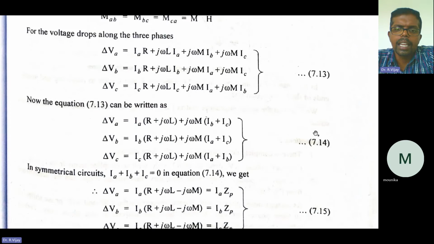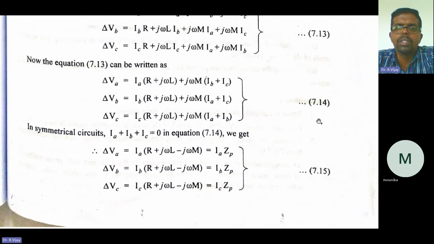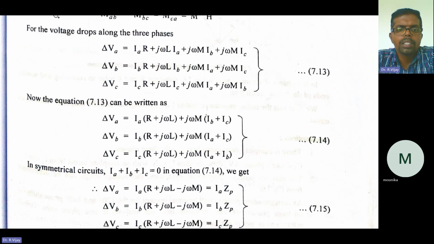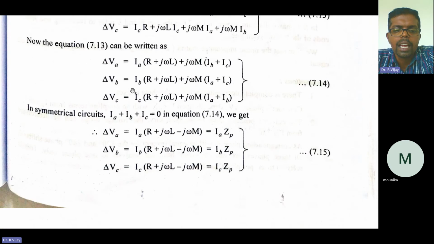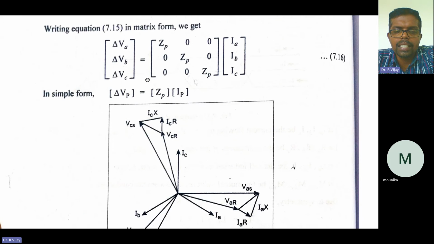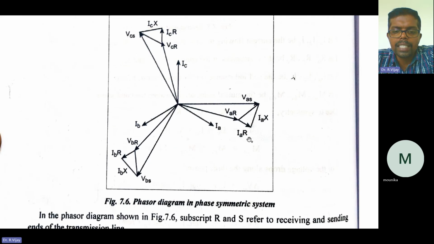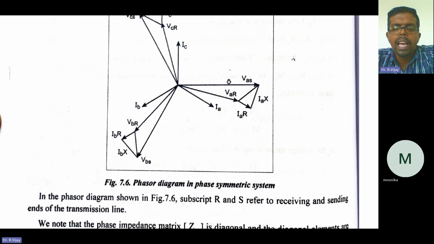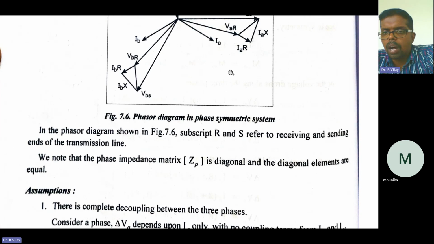You just have to write all the phase voltages, phase currents, the change in voltage, and the phasor diagram of the symmetrical system. With all the assumptions, you need to write for the per phase analysis.